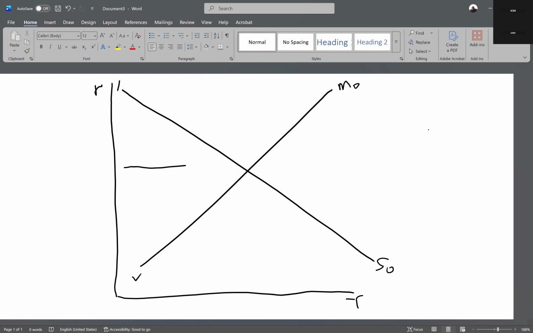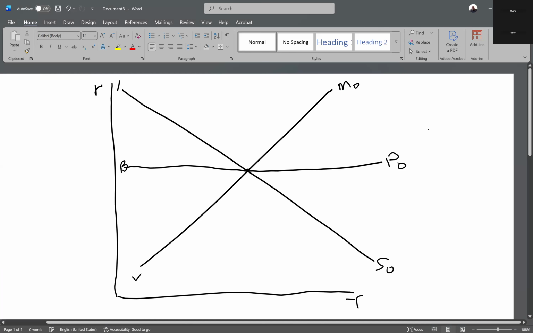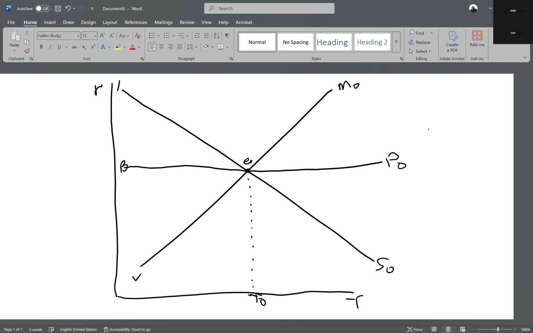As I said, we are dealing with perfect capital mobility. So BP0. We are here, which is a general equilibrium, E0, where we have Y0, and then R0.